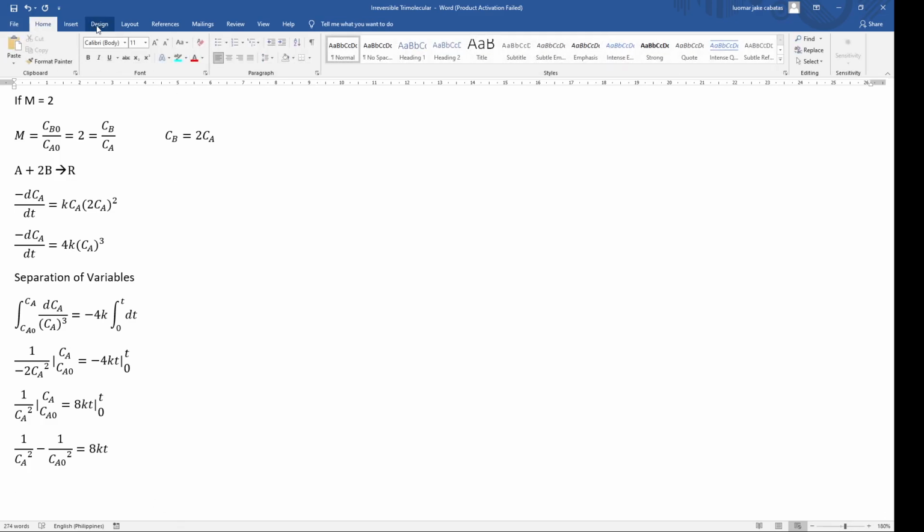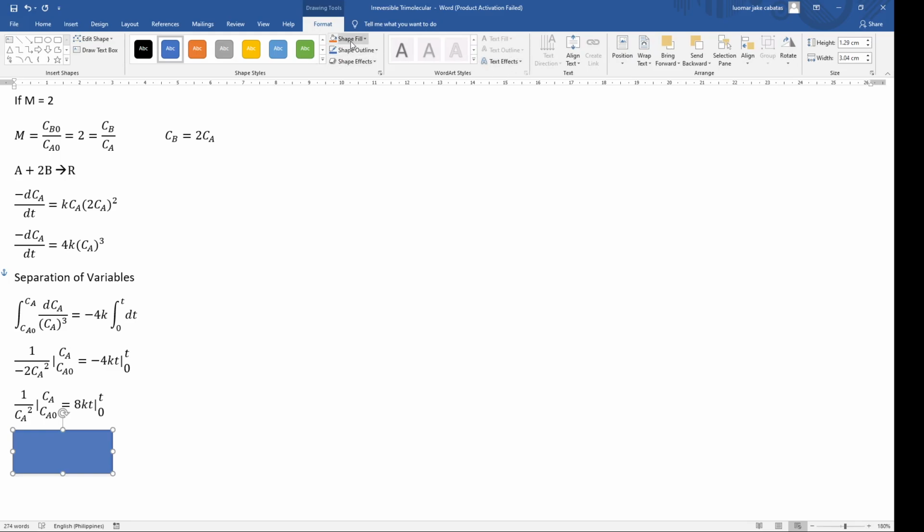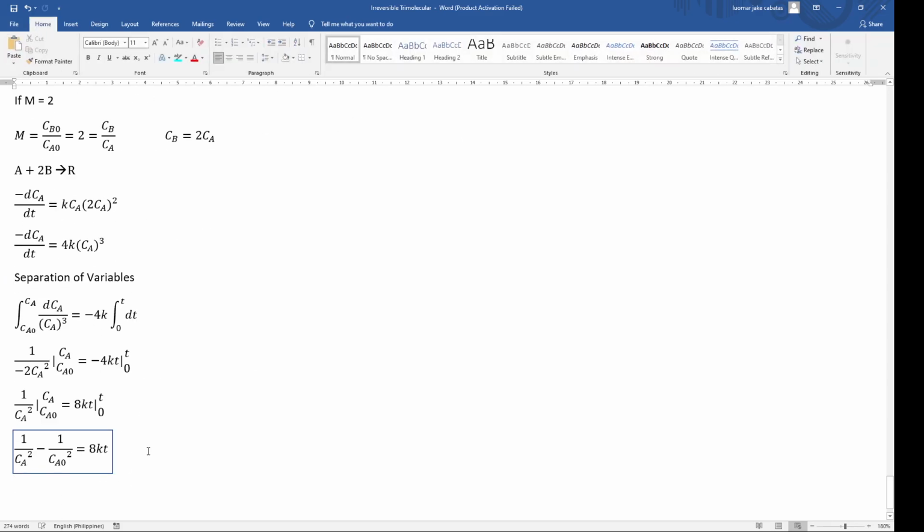So hence, this would be what you will be using if the ratio between CAO and CBO is equal to 2.